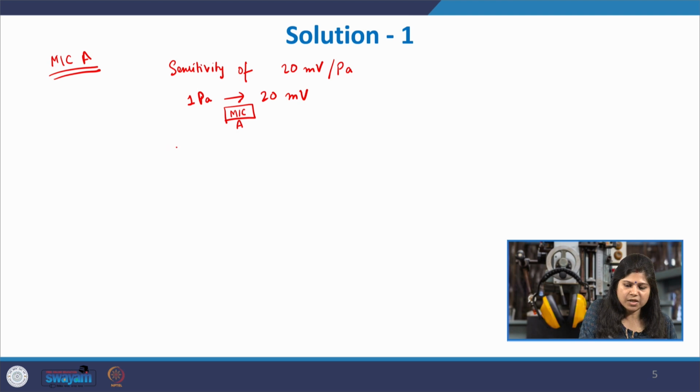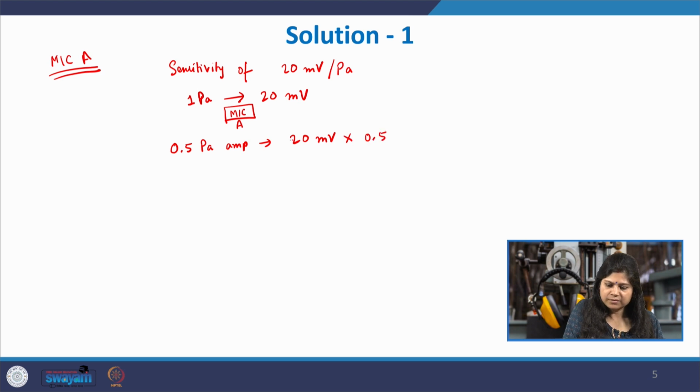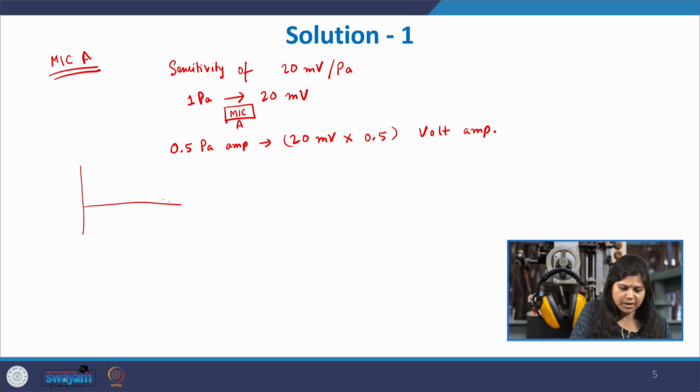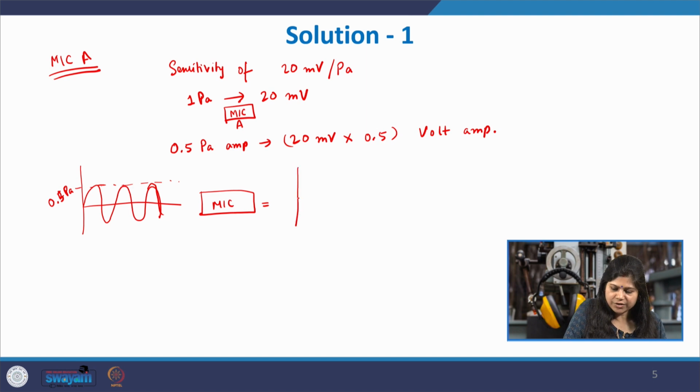In that case, 0.5 Pascals amplitude should give 20 microvolts multiplied by 0.5 as the voltage amplitude. So, this should be the amplitude to amplitude conversion. Let us say for example, here we had some kind of acoustic pressure which had 0.5 Pascals as the amplitude, and once it passes through the mic, you are getting the voltage.